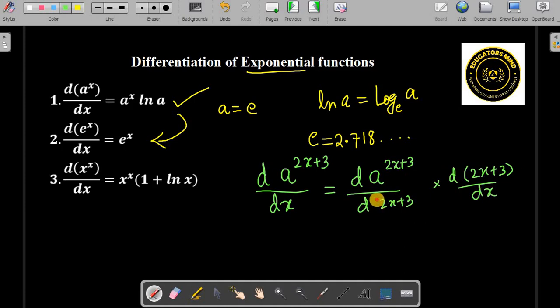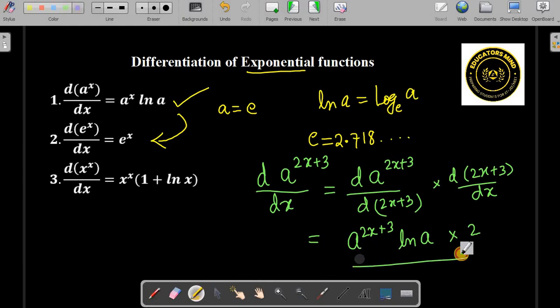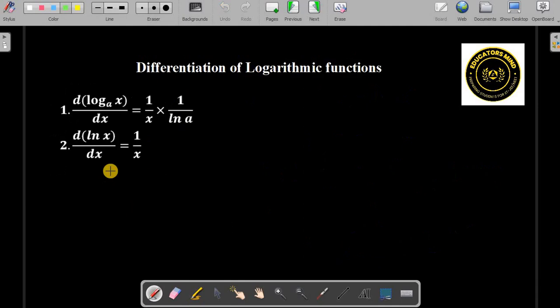So the chain rule can be used to modify a lot of formulas. So a to the power this, with respect to this, is a to the power this into ln a, that will remain, and here this factor 2 will come out, right? Like this you have to do all the calculations. Okay, remember like that.